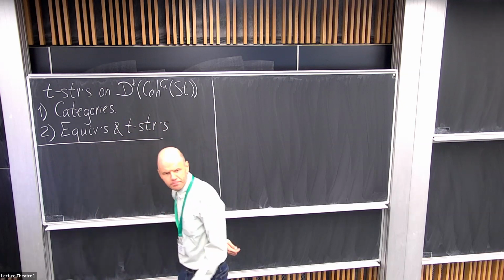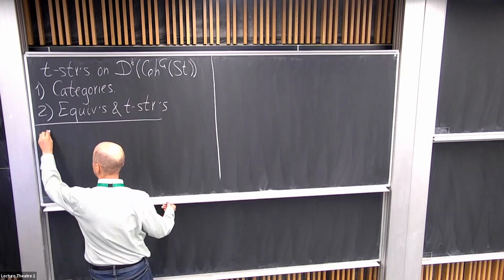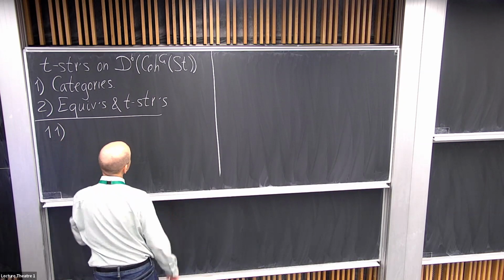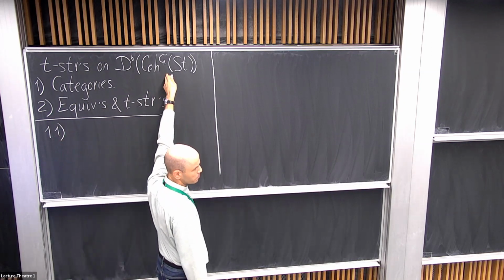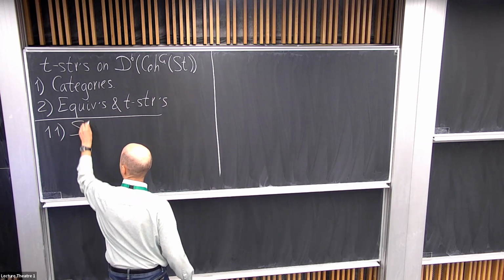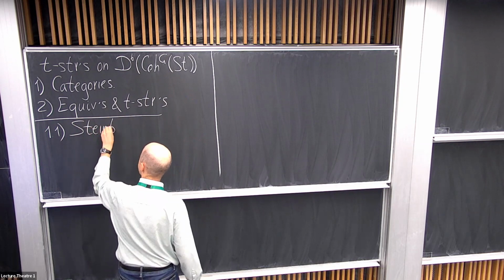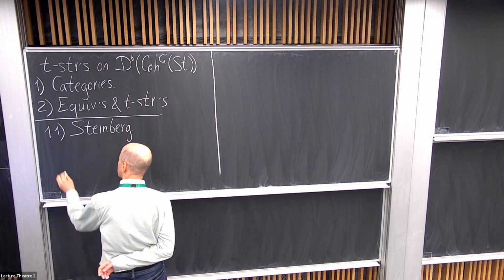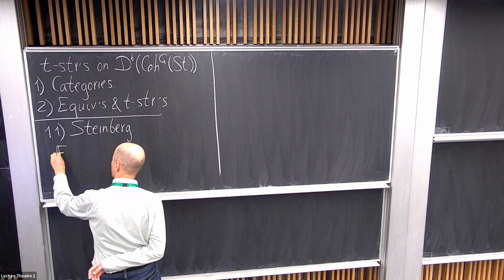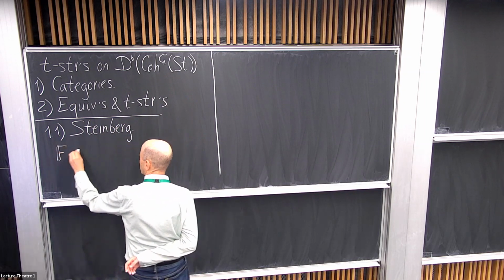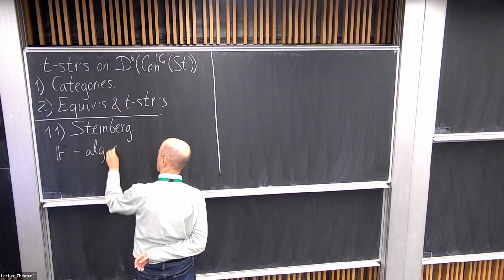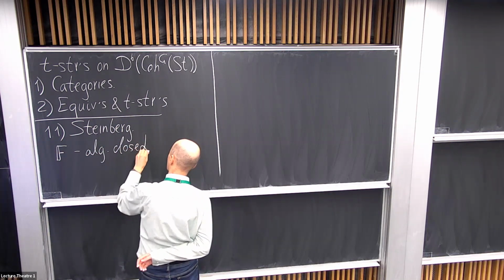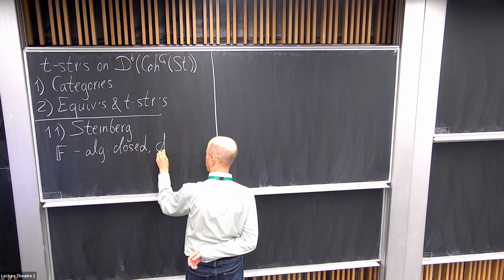Okay. So let's start with the first category, which is, well, this one. Everything that's going to happen will happen over a field F, which is going to be algebraically closed and of positive characteristic.